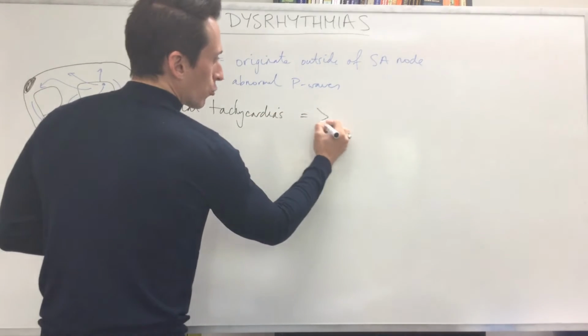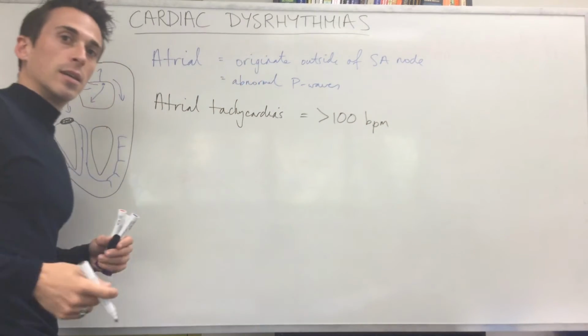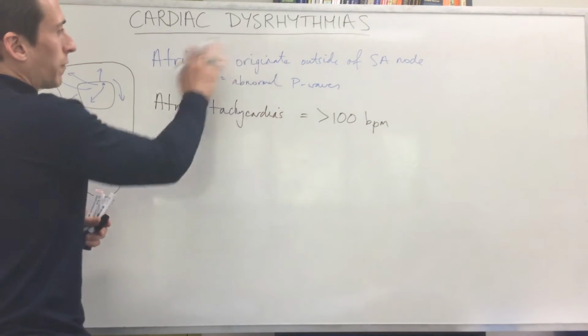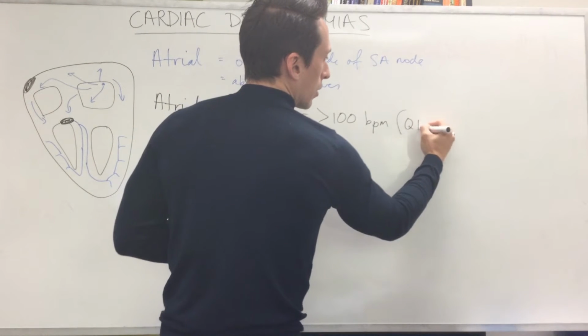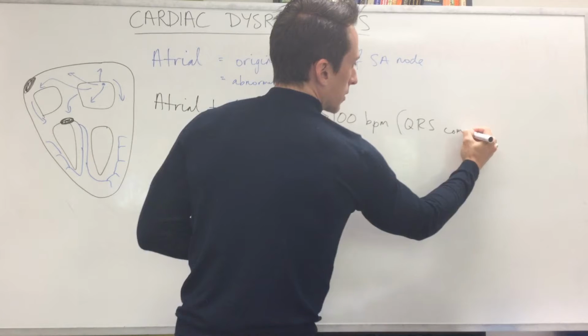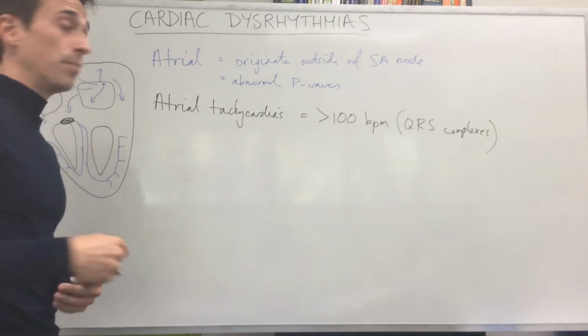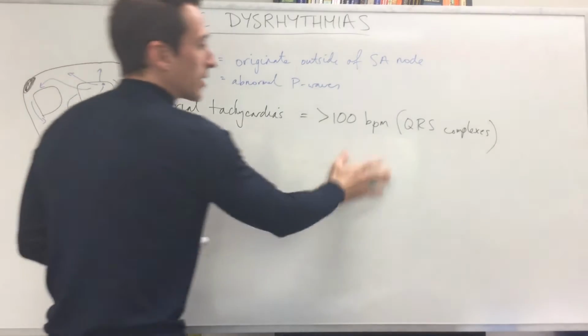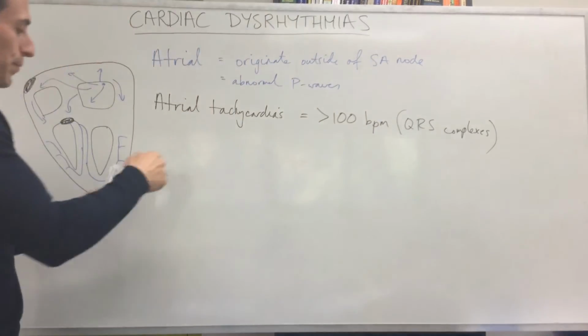And like I said, that's greater than 100 beats per minute. But because it's not focusing on the P waves, it's 100 beats per minute looking at QRS complexes, which is fine. So atrial tachycardia is greater than 100 beats per minute.